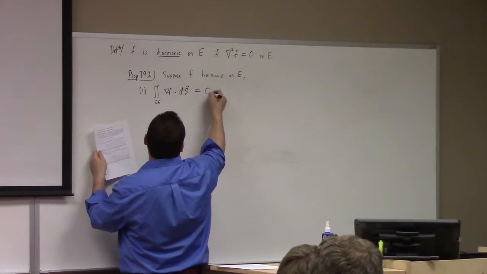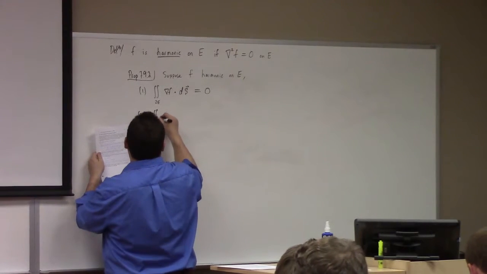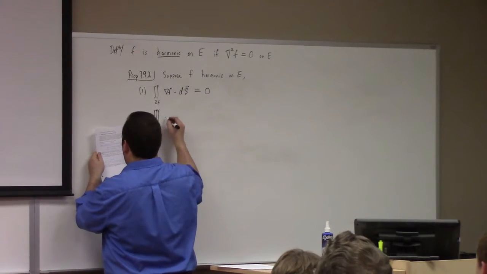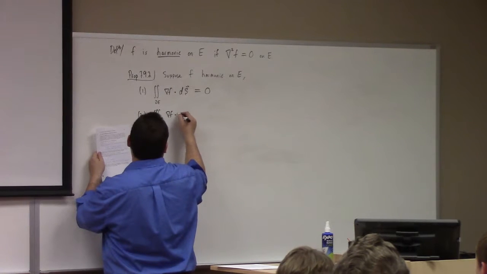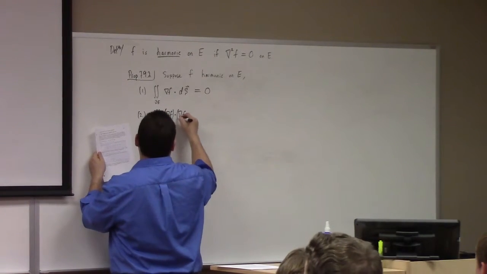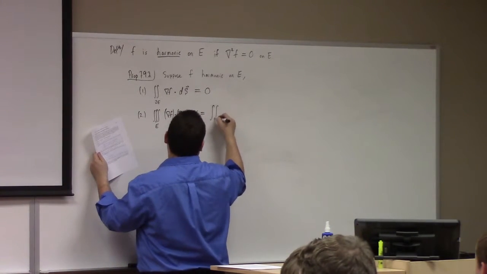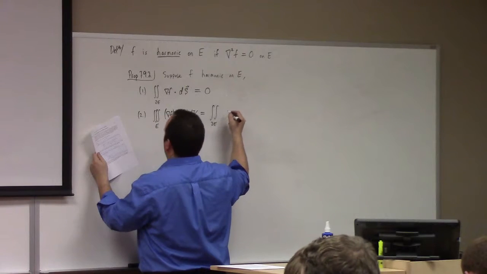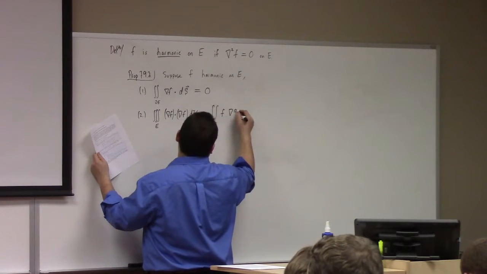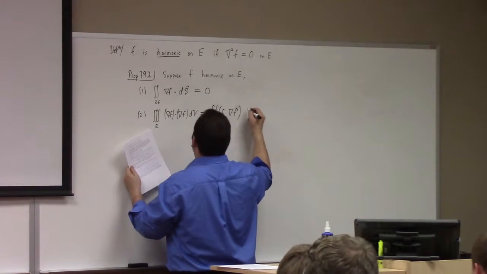is equal to 0. Two, the integral over the solid E of the gradient of f dot the gradient of f dV, of course, is equal to the surface integral over the boundary of E of f gradient of f dot dS.